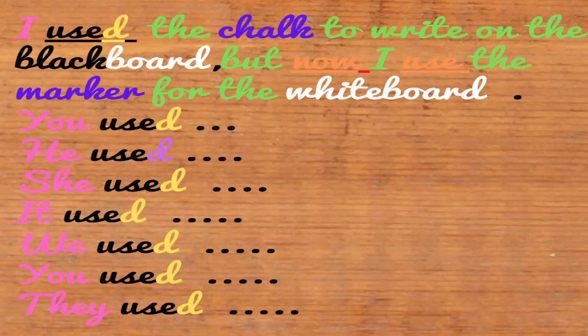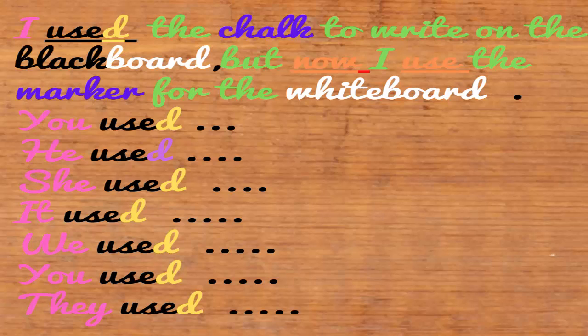Let us build sentences concerning the verb to use in the simple past. Take this example. I used the chalk to write on the blackboard, but now I use the marker for the whiteboard. But now means the present. We return to the verb in simple present, so we say, but now I use. You see the difference now?